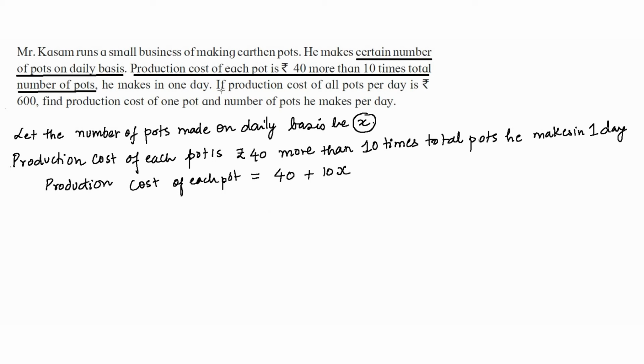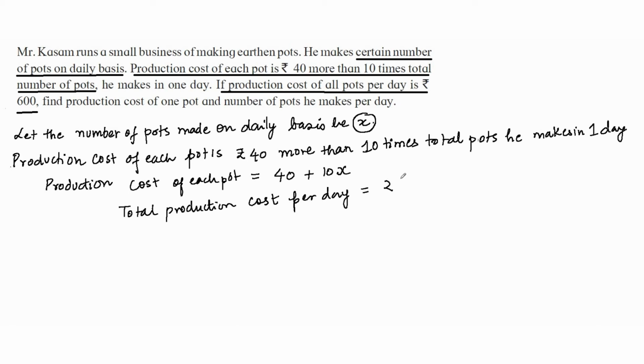Now it is given that the production cost of all pots per day is rupees 600. So what is the next information that is given? The total production cost per day is basically rupees 600. So how will I calculate the total production cost per day?